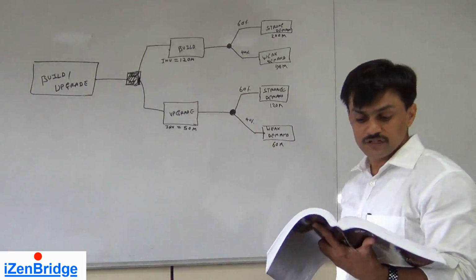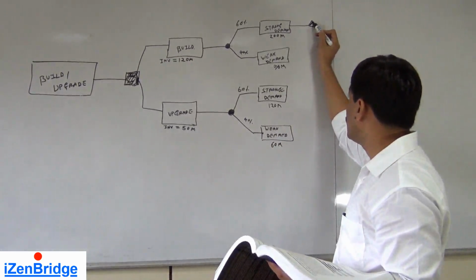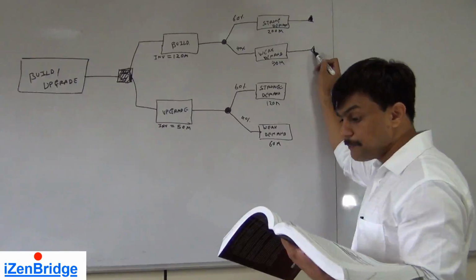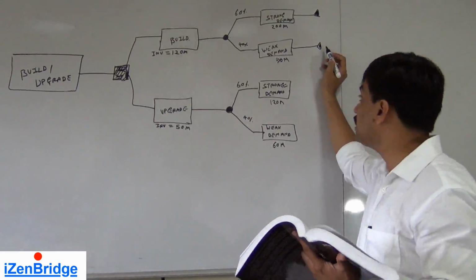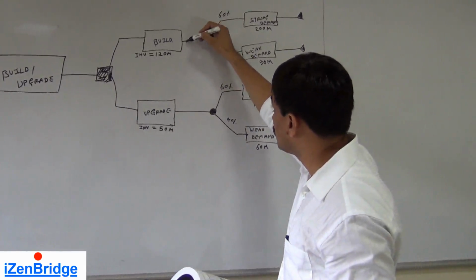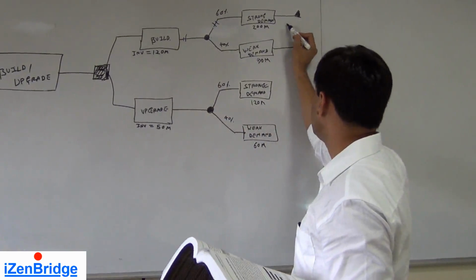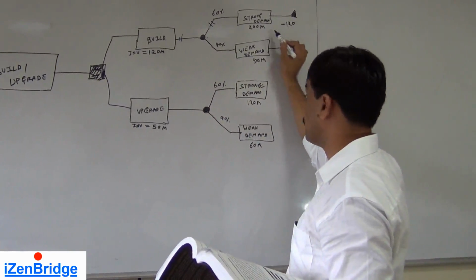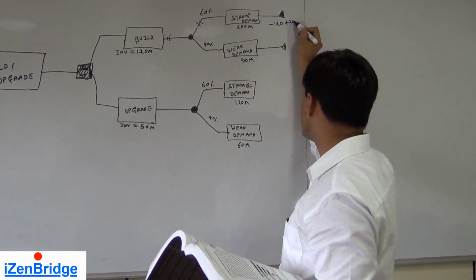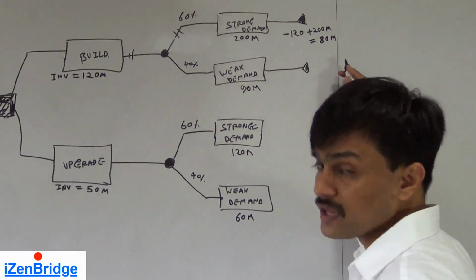Now the next thing we need to do is identify the path ending and the net path value. So the net path value for this path would be minus 120 which you have invested, plus 200 million, and 80 million becomes the net path value.